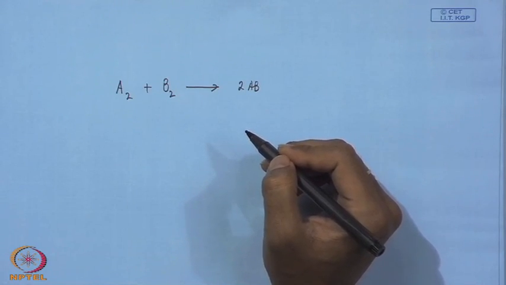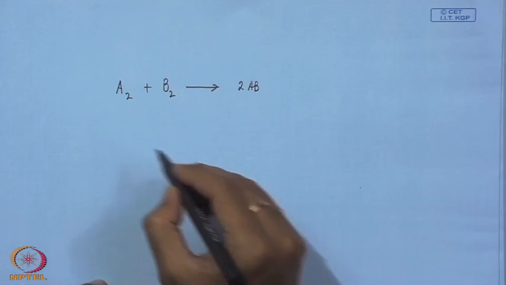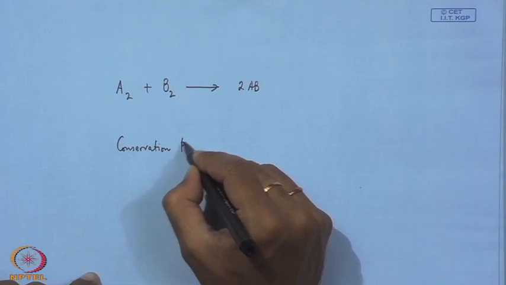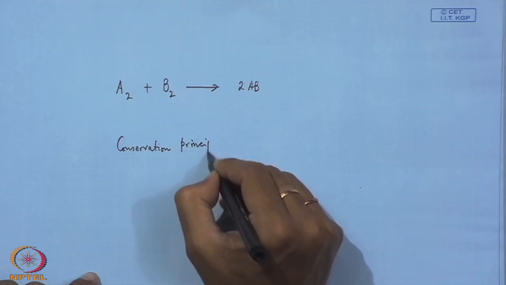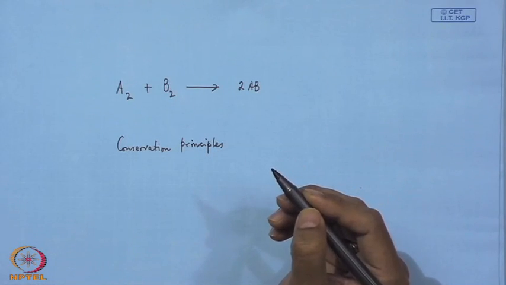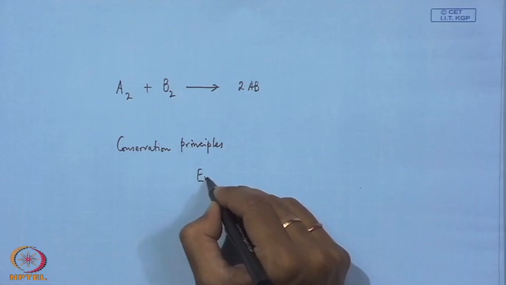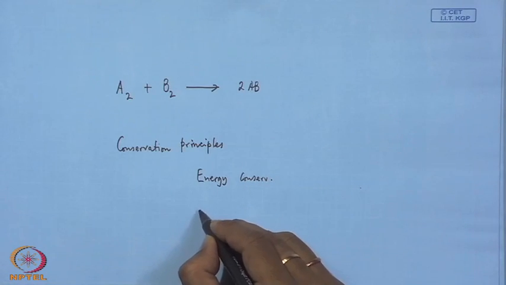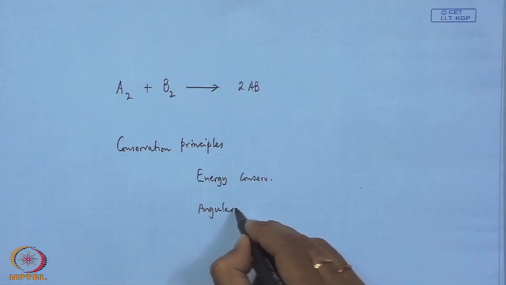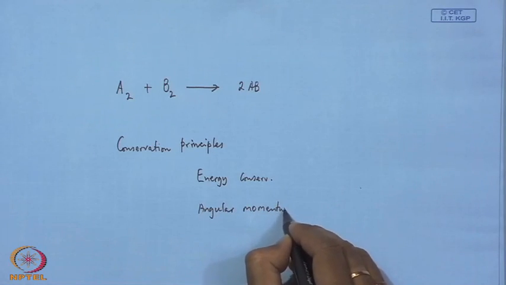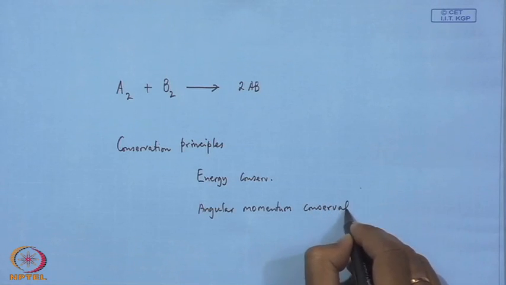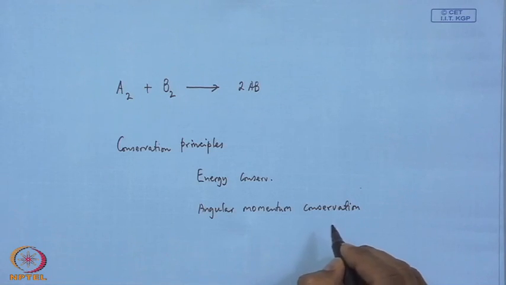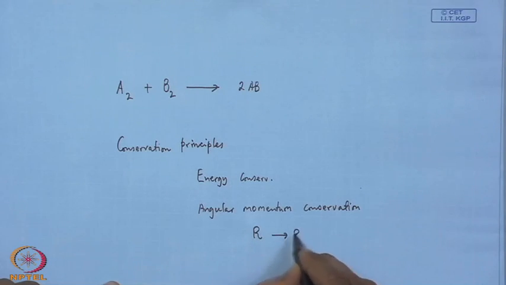Now, in our last lecture we discussed the conservation principles: energy conservation and angular momentum conservation, maybe rotational angular momentum, orbital angular momentum, or a combination of those, between reactant and product.